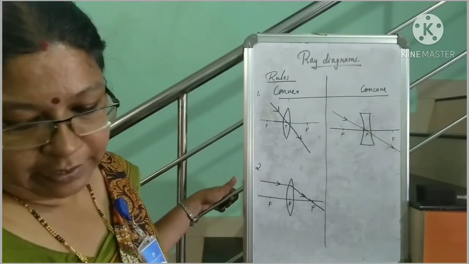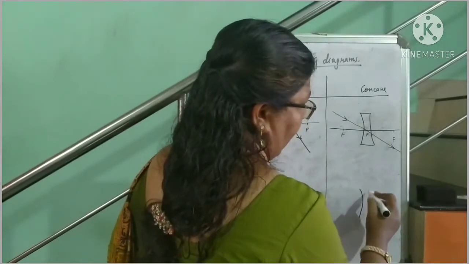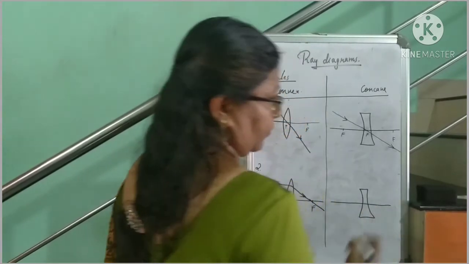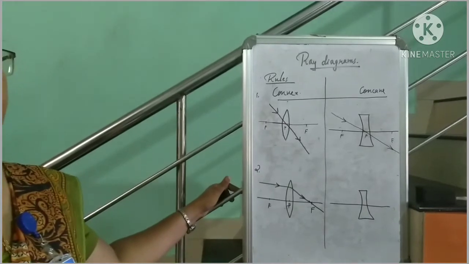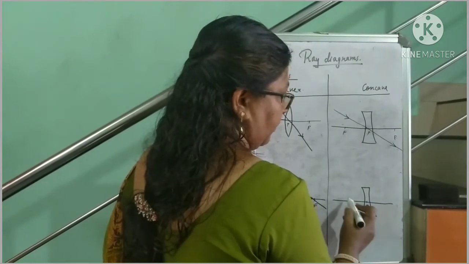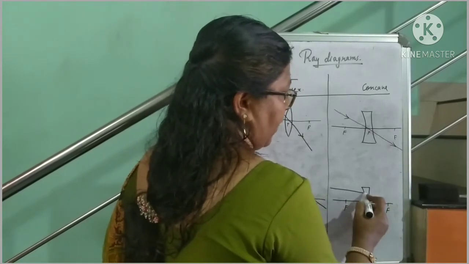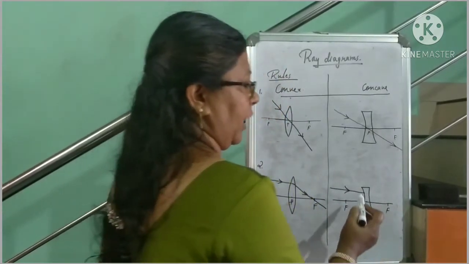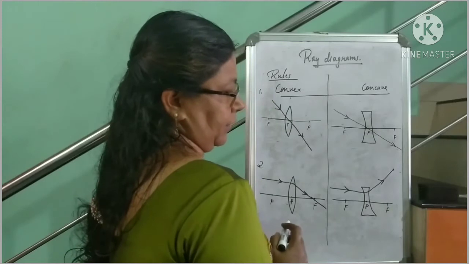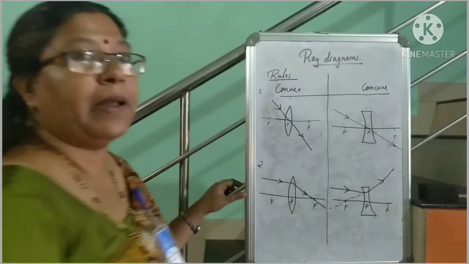And what about concave lens? A ray of light. Concave lens we will draw. A concave lens, this is P, this is F, this is the other F. A ray of light passing parallel to the principal axis of the concave lens, after refraction it diverges, but it seems to be moving through the principal focus.